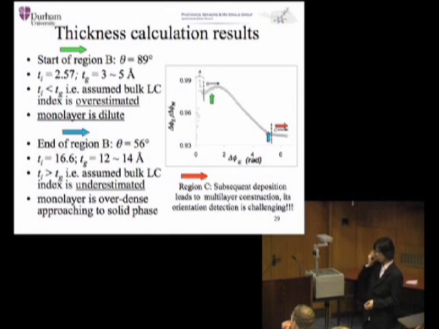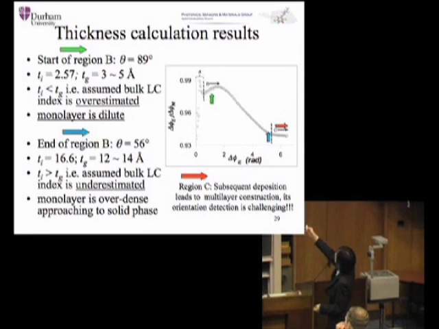So there might be a qualitative conclusion that the monomer in this stage is approaching the solid phase, because the density is even larger than the liquid crystal bark phase. And the reason might be there is interdigitation of the second layer into this first monomer.